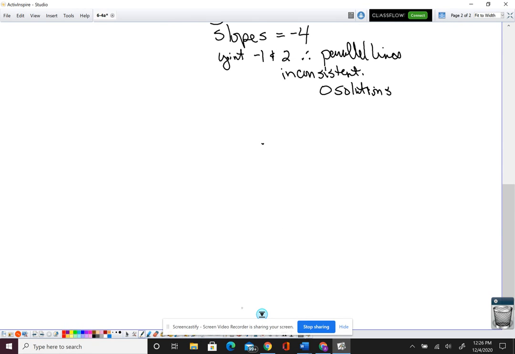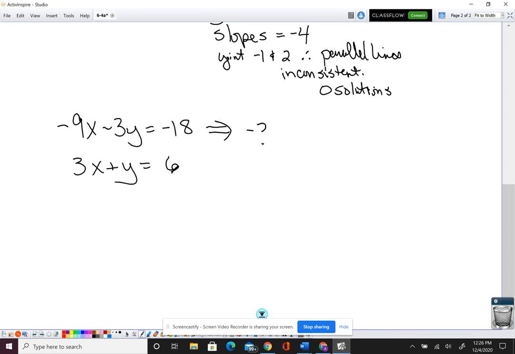One more example. Negative 9x minus 3y equals negative 18. And 3x plus y equals 6. So I'm going to take and solve for y. I move the x term over. I get negative 3y equals positive 9x minus 18. I divide everything by negative 3. I get y equals negative 3x plus 6. The second equation, I move the x over to the other side.